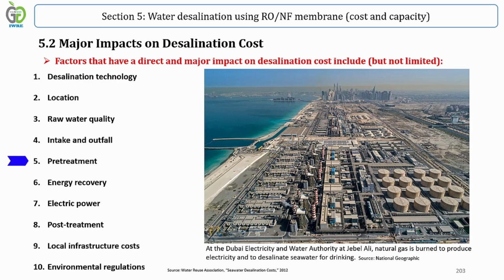Pretreatment. Pretreatment costs are impacted by the type and complexity of the pretreatment system. The type of pretreatment required depends on the raw water quality at the project site.